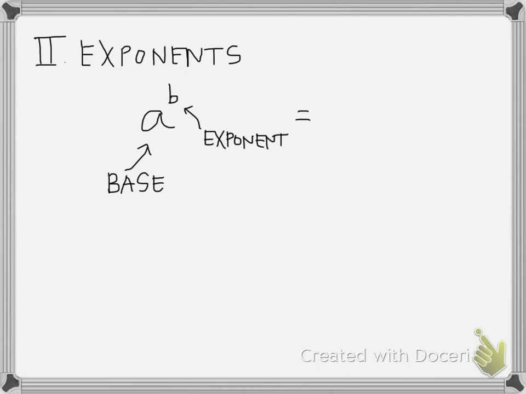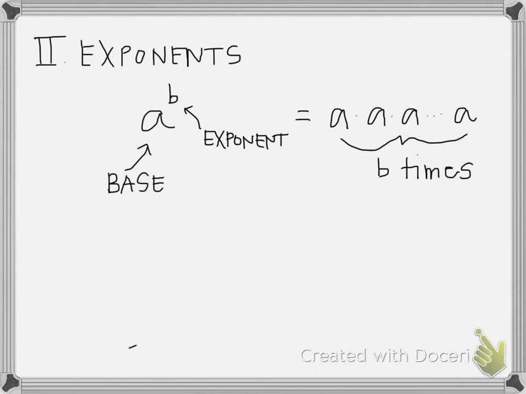Okay, so what you're going to do here is you're going to multiply your base a, b times. Okay, so the exponent tells you how many times to multiply the base.